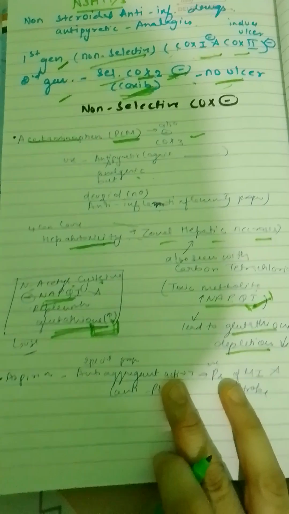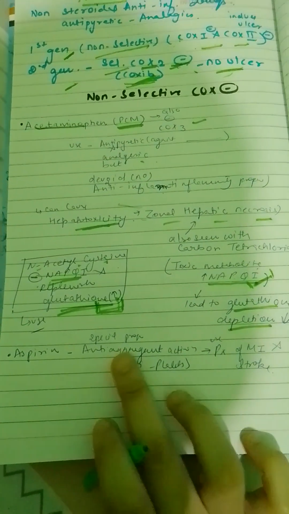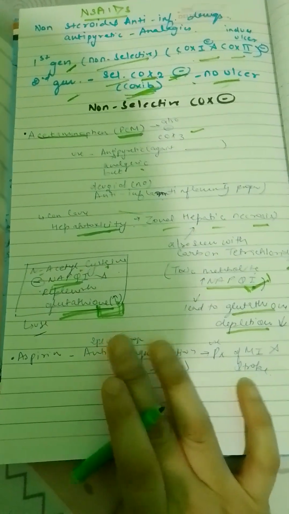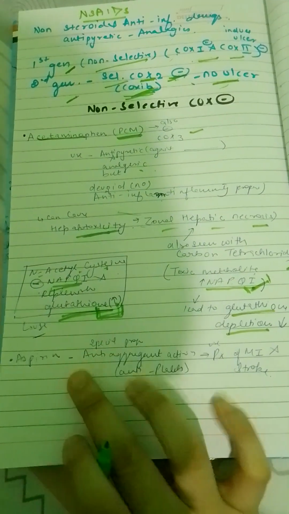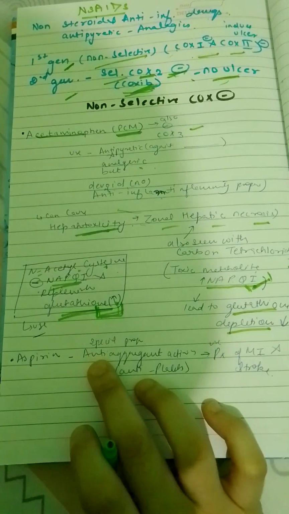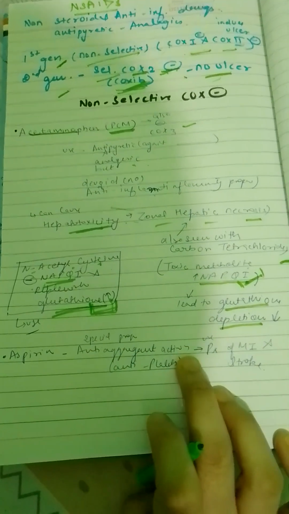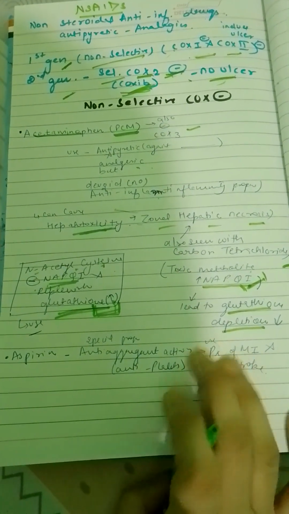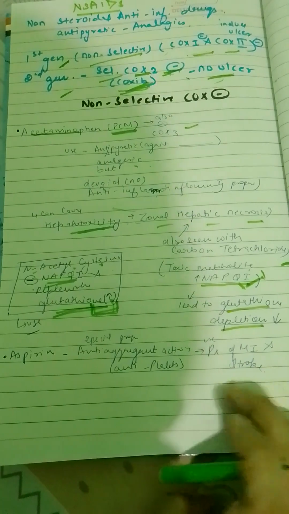Then comes aspirin. Aspirin has some special points. It has antipyretic and analgesic effects, but it also has anti-aggregant activity, meaning antiplatelet activity, so it's used in prophylaxis of MI and strokes.